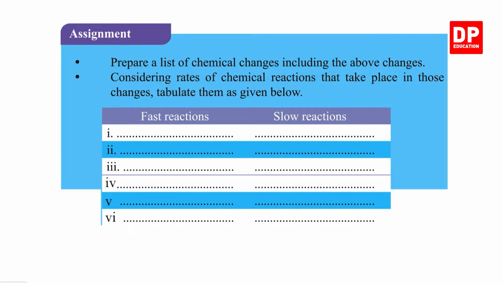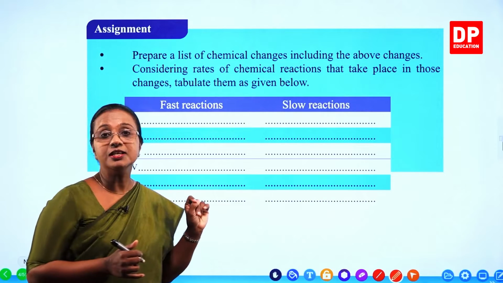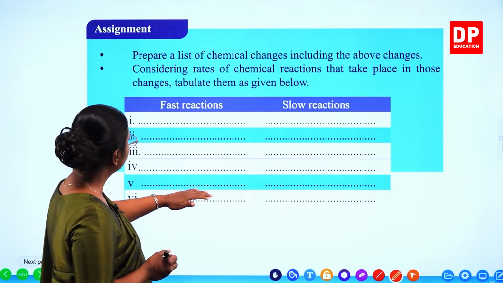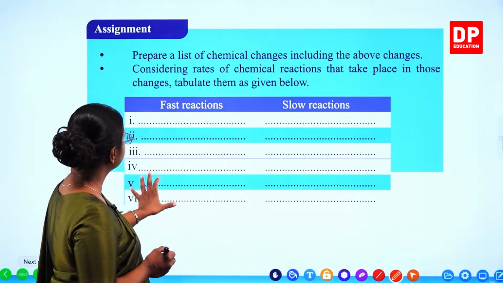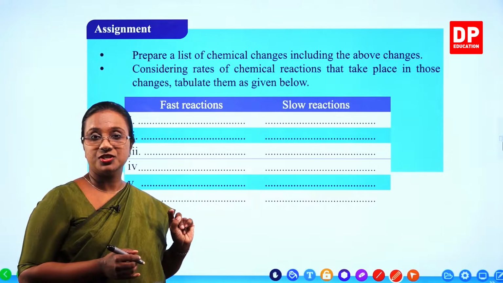So here there is an assignment given in your textbook. Prepare a list of chemical changes, including the above changes, considering rates of chemical reactions that take place in those changes. Tabulate them as given below. So they have given you a table. In that, you can see the first column, fast reactions.